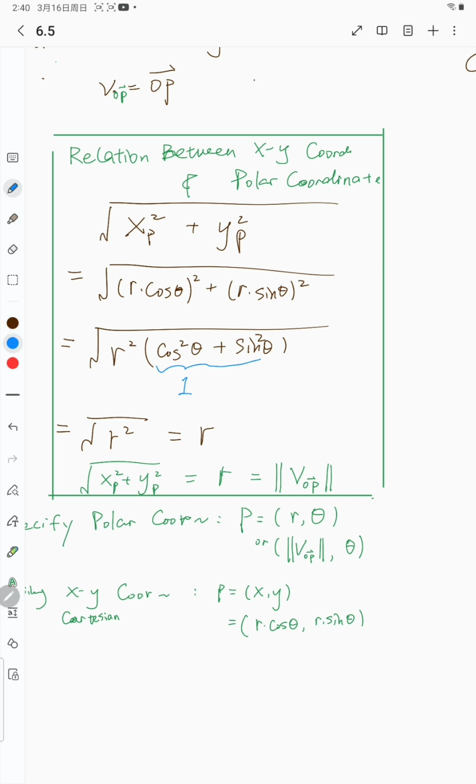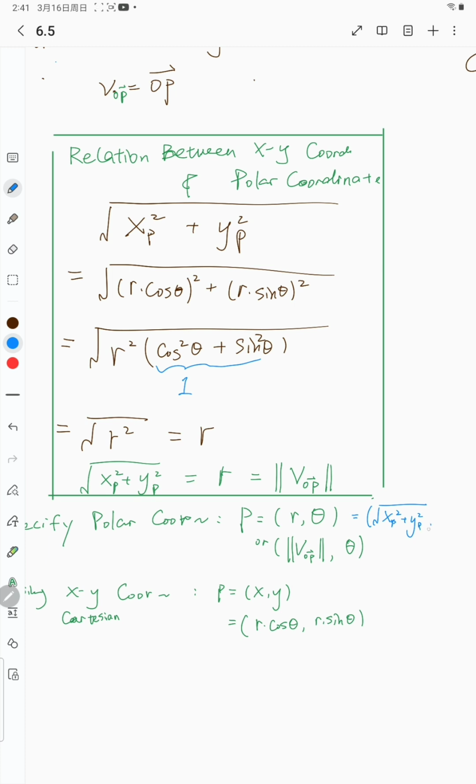Let me write it. If you know x and y, r can be written as the square root of x squared plus y squared, okay?